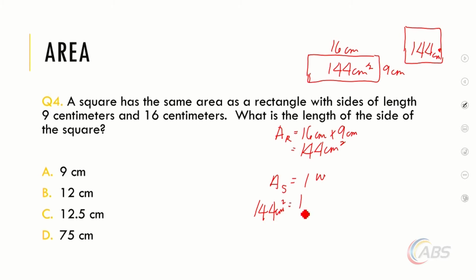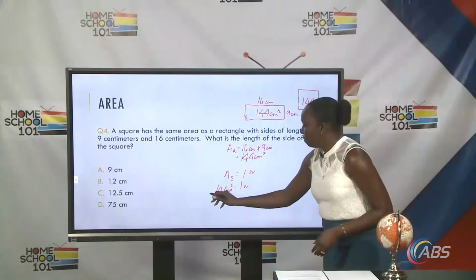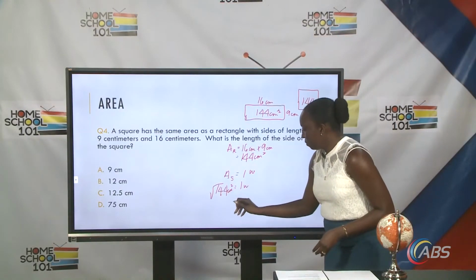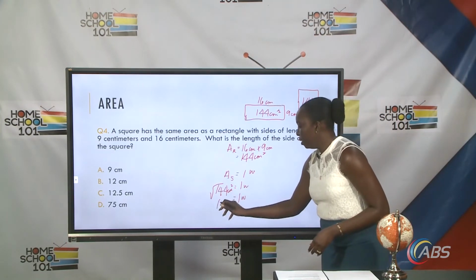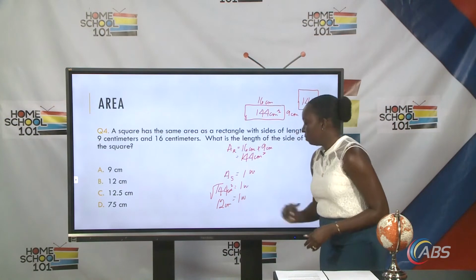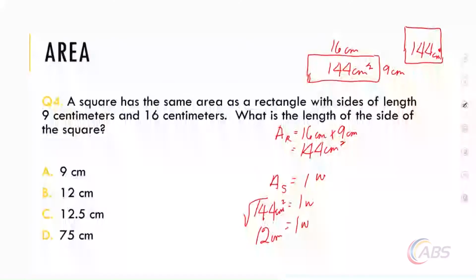Even if I left the LW here, the square root of 144 we know is 12 centimeters. And so that means the measurements on the side of the square are 12 and 12. Okay? Good.